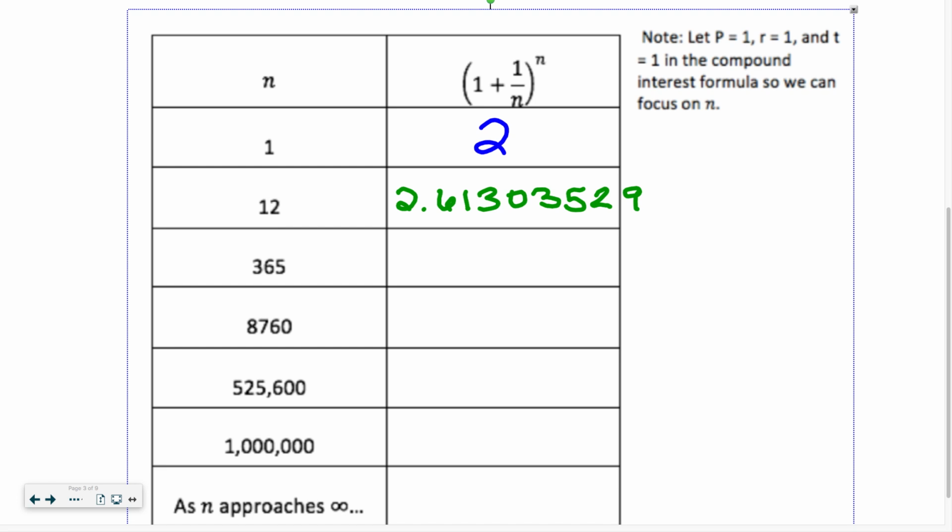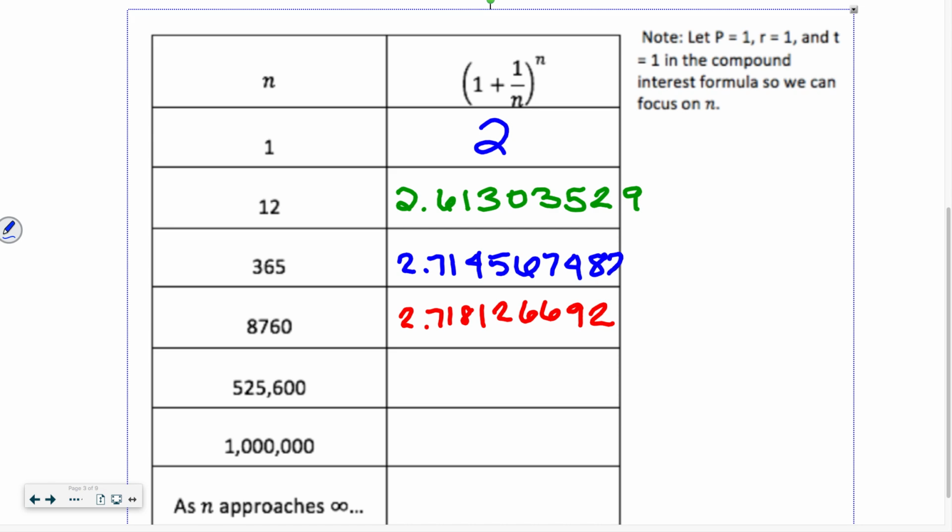And I'm going to have you guys do 1 million on the board. Which one doesn't seem right? Yeah, that one doesn't seem right. Okay, that's what I thought. So maybe redo that one.